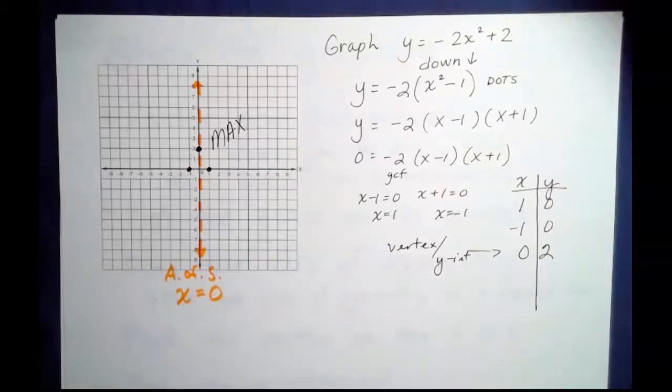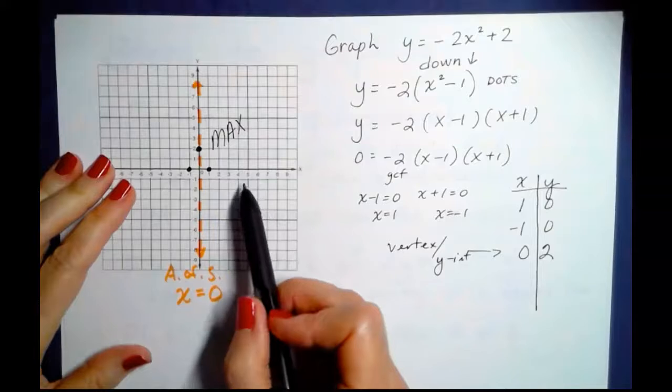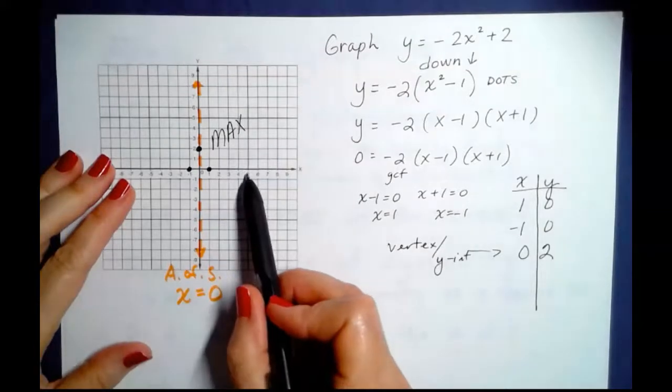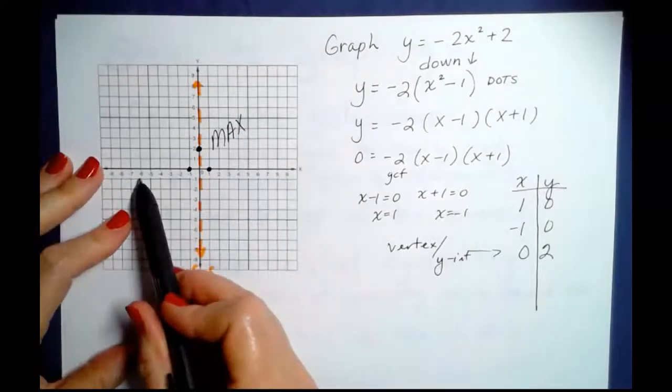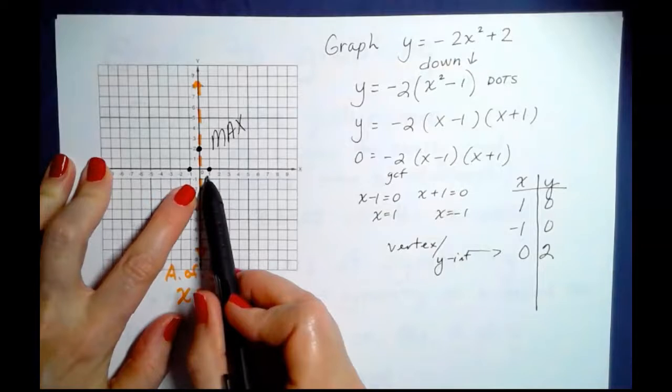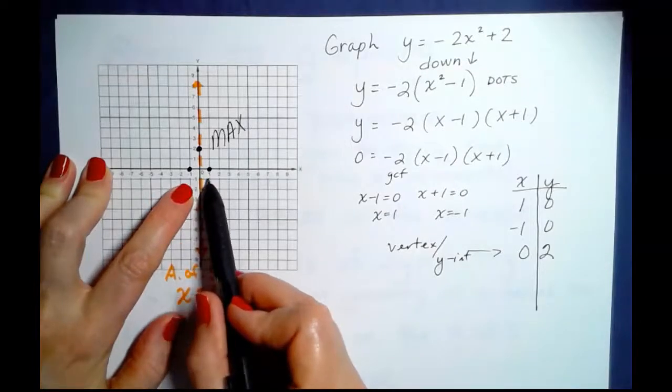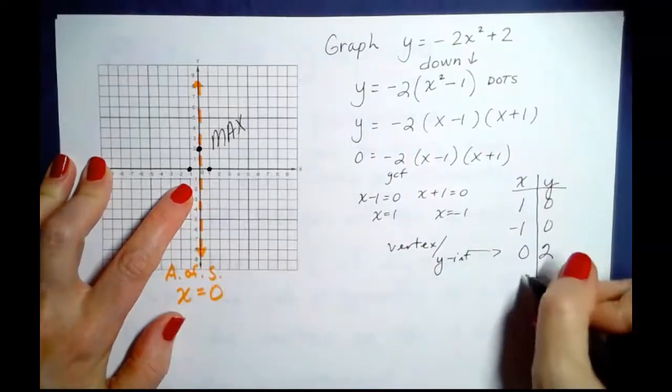Now, we've only got 3 points. That's not enough. We need one more value for x in the domain in order to find a 5th point. It would not make sense to plug in 5 or 7 or 9 or negative 6. We want to plug in something close to negative 1 or positive 1. I'm going to go with 2.